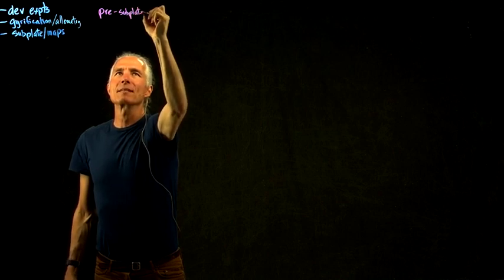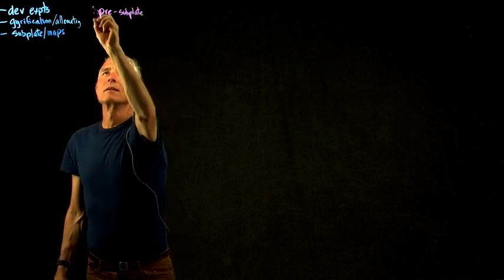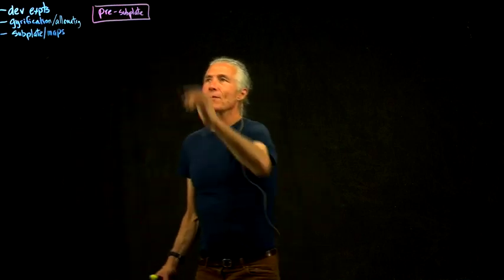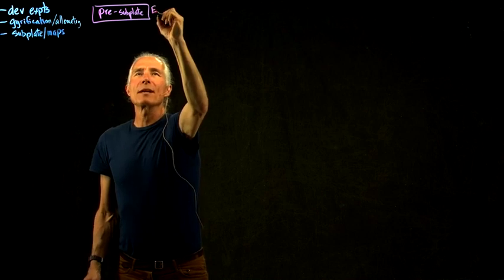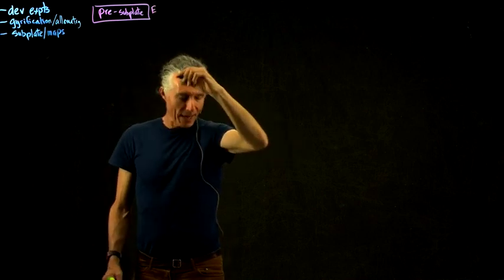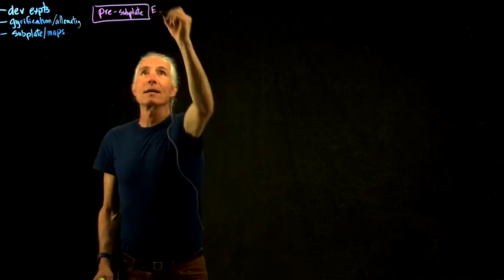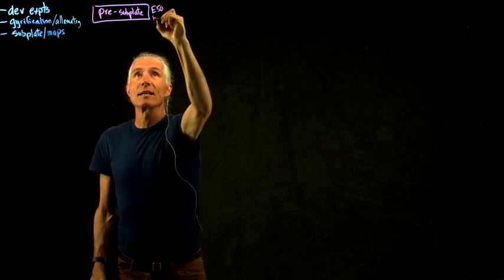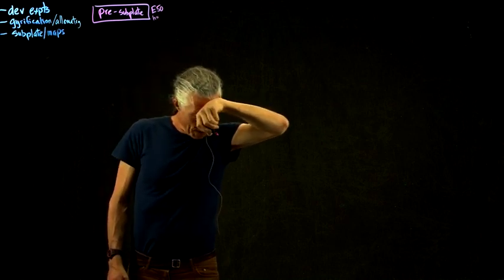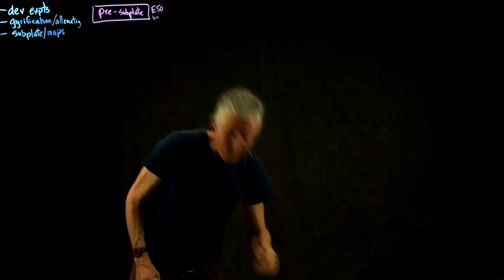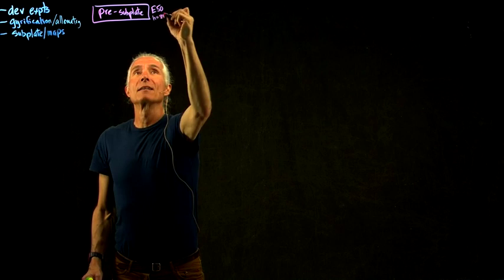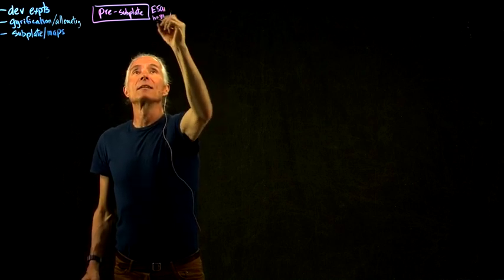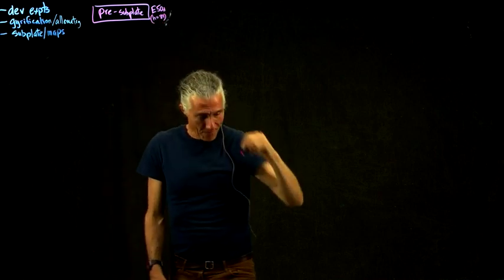Well, plate just means the eventual completed cortex. What I'm drawing here is a macaque, so it's embryonic day 50, so 50 days after conception, which in a human equals about 84 days.